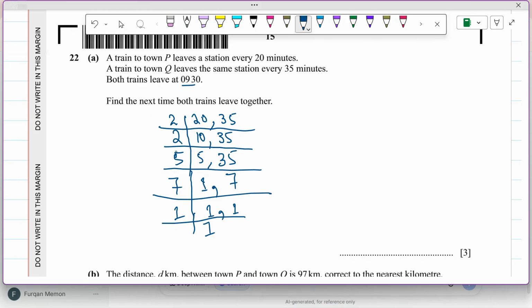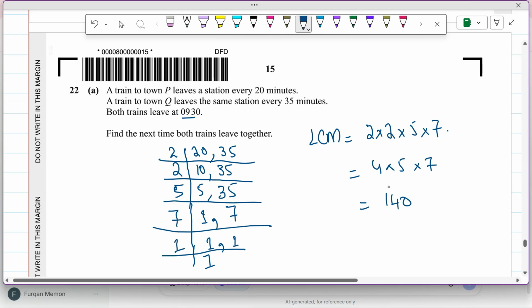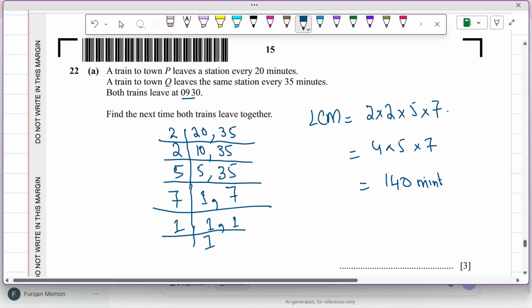So we have the LCM. LCM is 2 times 2 times 5 times 7, which is 4 times 5 times 7, equal to 140. After 140 minutes, both trains leave together again.